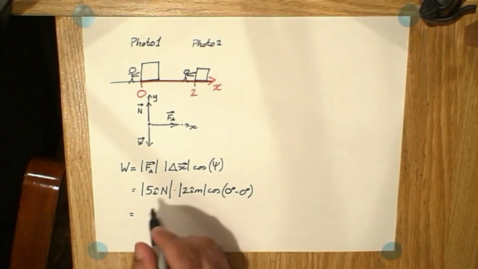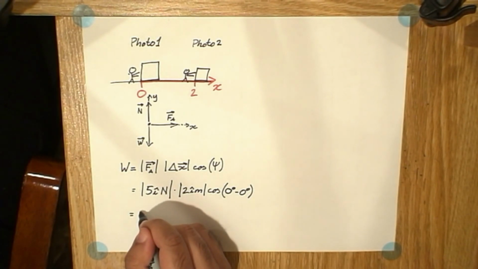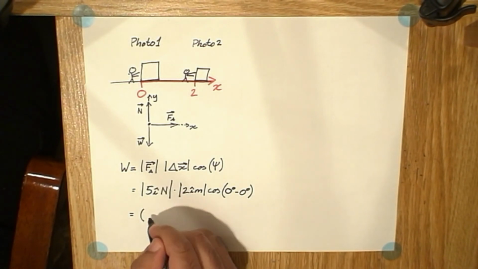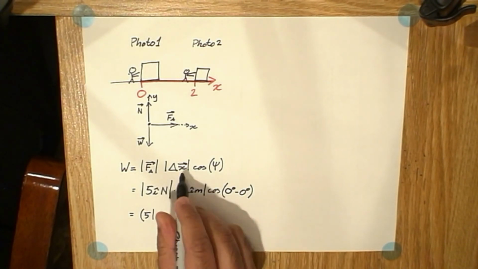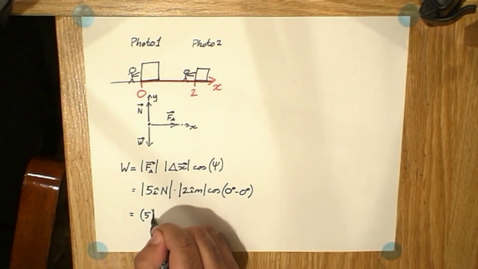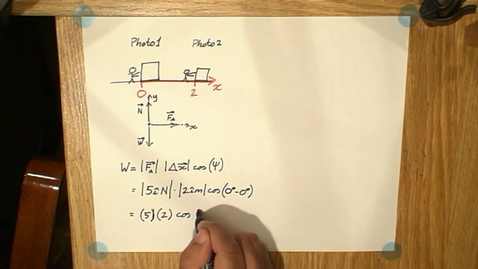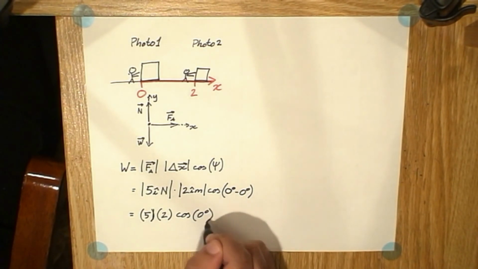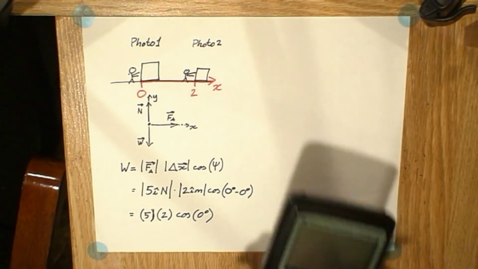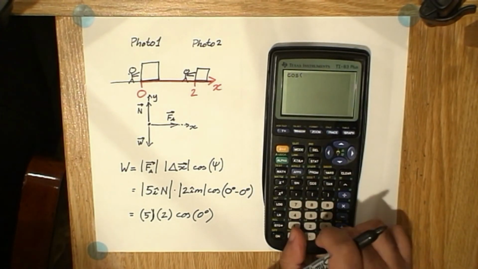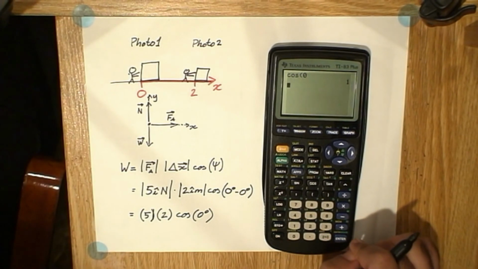So this is all going to simplify to 5, the absolute value of the force, or the size of the force, is 5. The size of the displacement was 2, times the cosine of 0 degrees. Now, the cosine of 0 degrees is 1.